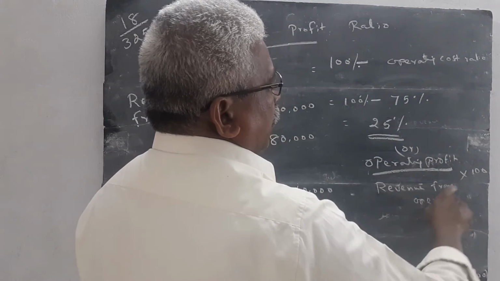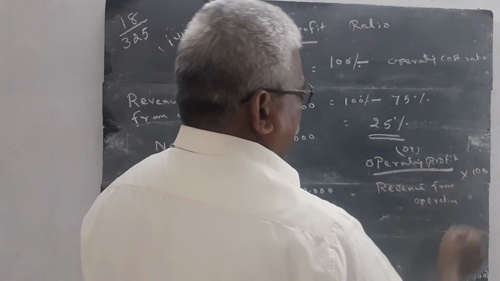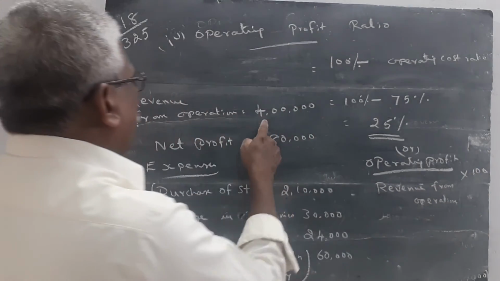The same question can be solved in another way. Operating profit divided by revenue from operation into 100. Revenue from operation is 4 lakh.